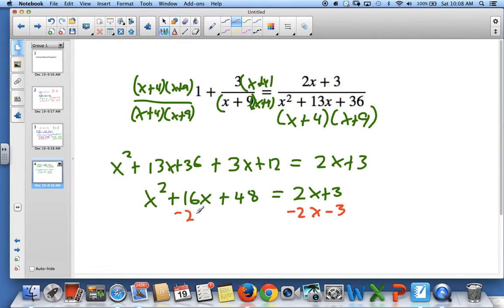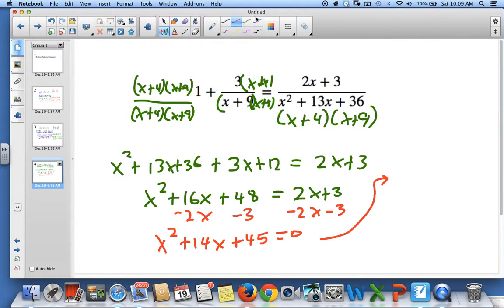So I'm going to subtract 2x and I'm going to subtract 3. And I just put them here to line them up with the appropriate terms. So I have x squared plus 14x plus 45 equals 0.